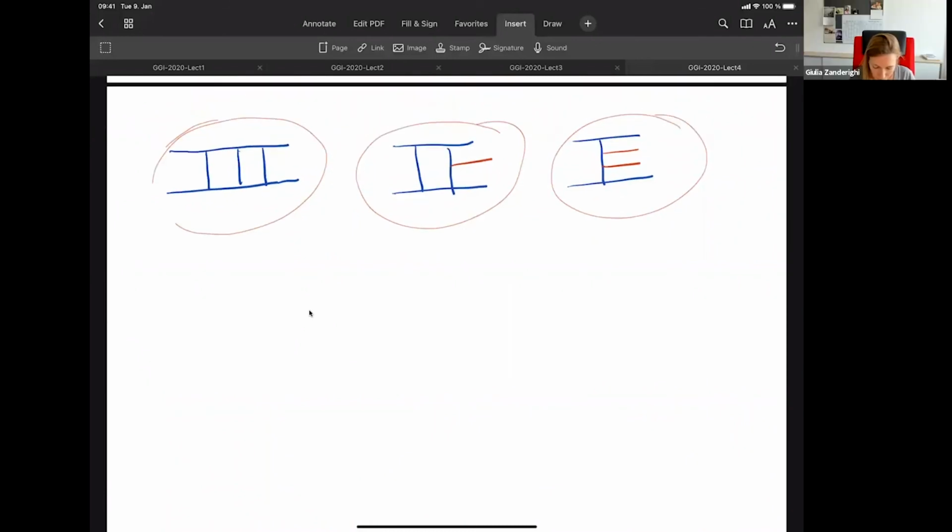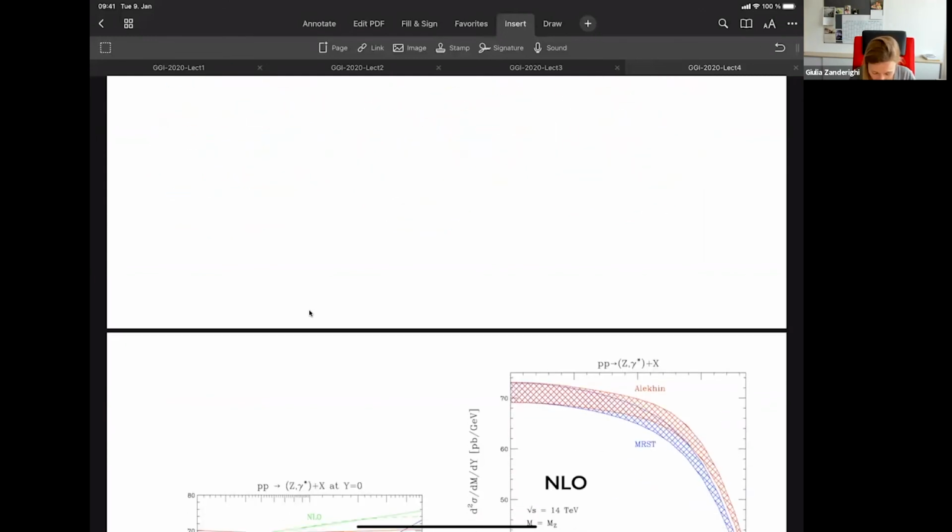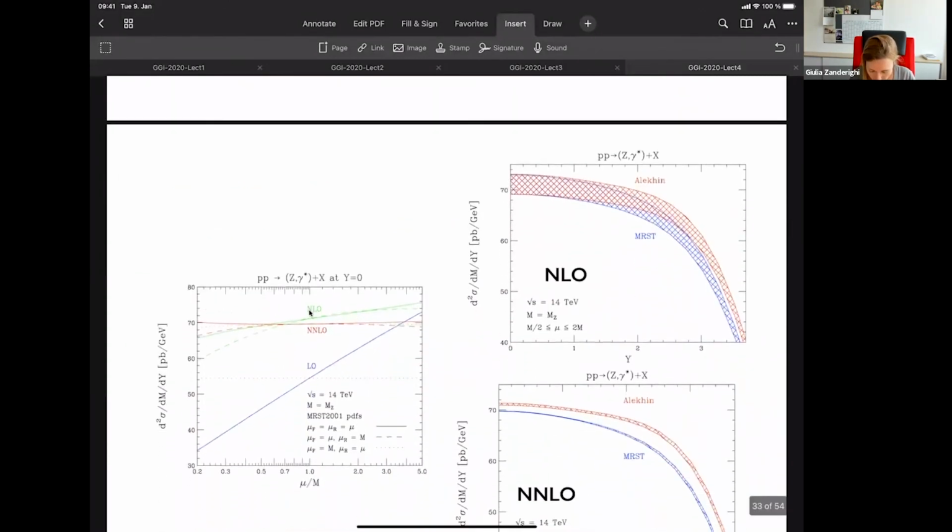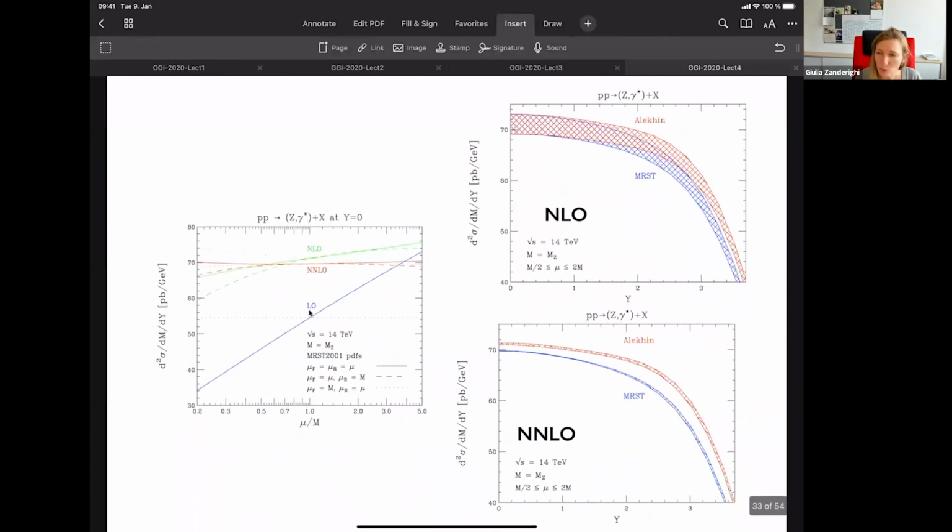So maybe what I do now in the following, I just want to show you some results here. I think I discussed the issues, we cannot really do the calculation. I want to show how some results look when you do these calculations, for instance, for Drell-Yan. This was one of the first calculations done with two loops. This plot on the left shows you, if you vary the scale, what happens at leading order, next to leading order, next to next to leading order.